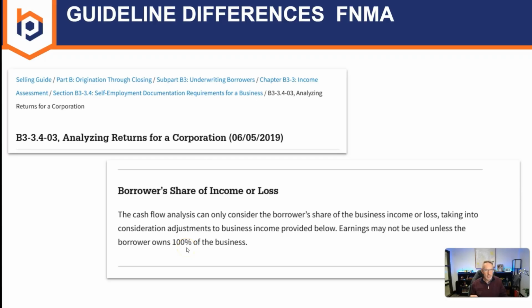The only exception is if you and the other person on the loan are both owners, like you and your spouse, each own 50% or whatever, that's still 100%. So on the app, if both people equal 100%, that's considered 100%. I know it doesn't say it that way, it should say borrower(s), but you can get away with it. I've never seen a problem with it.